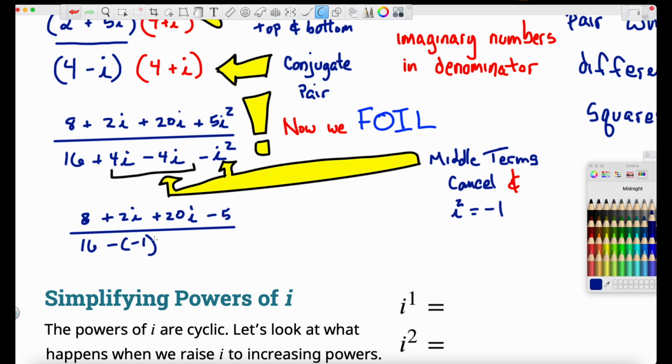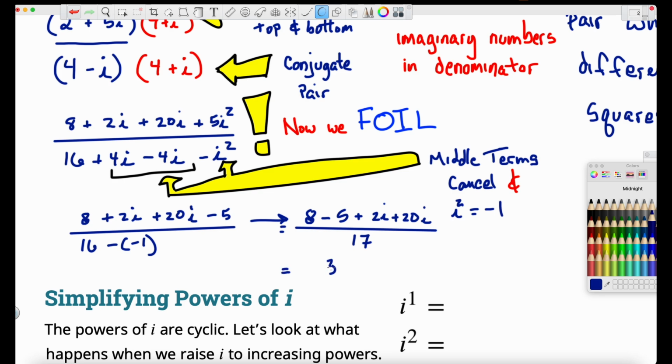Okay, so what we got now? 8 minus 5 plus 2 plus 20i. And we got on the bottom 17, don't we? 16 minus -1.